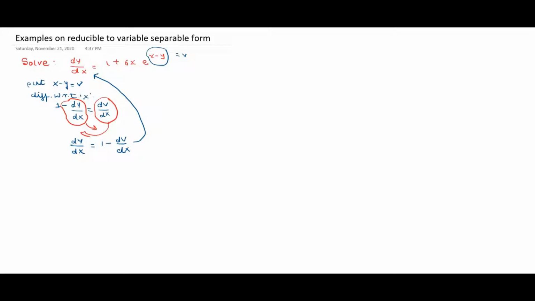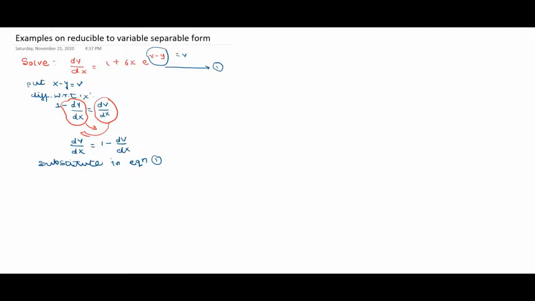Let us say this is equation number 1. So substitute in equation 1 the value for dy by dx.